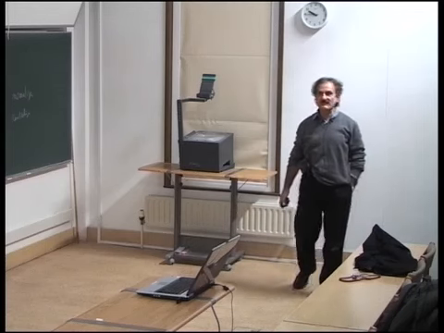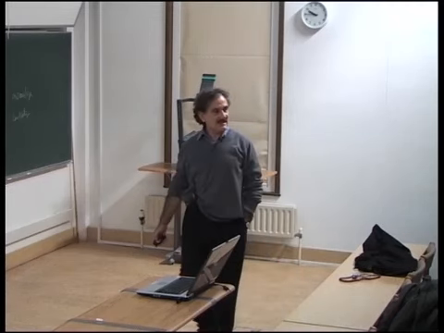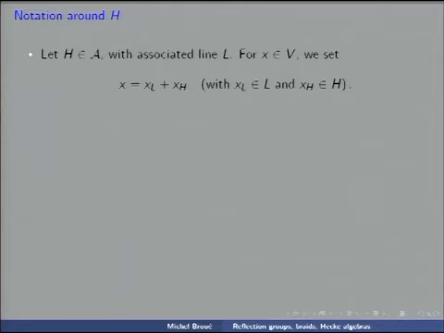So again, a little bit of notation around the reflecting hyperplane. Again, some trivialities. Let H be a reflecting hyperplane, and let L be its line. So let me denote by x_L plus x_H the decomposition of any element onto the direct sum H plus L. Okay.